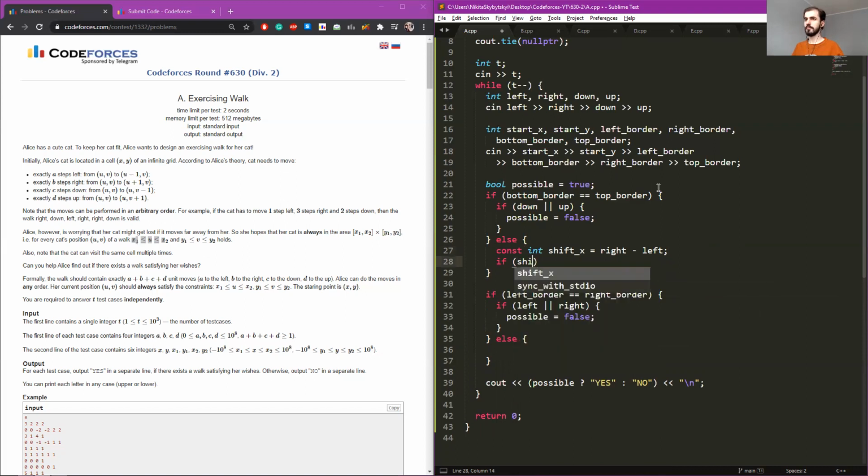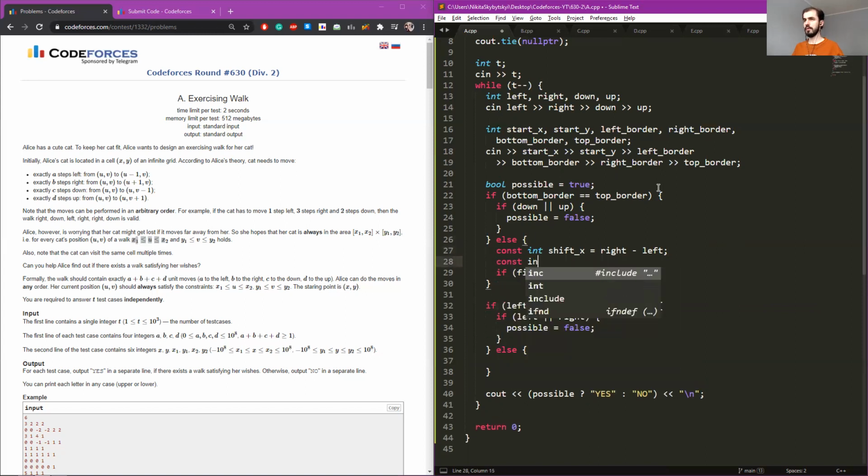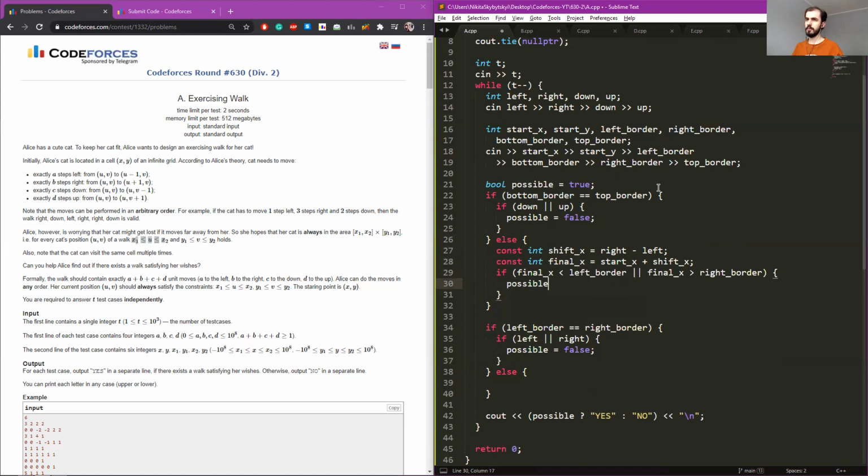If start x plus shift x, let's call it final x, is smaller than the left border, or final x is bigger than the right border, then there's nothing I can help you with.